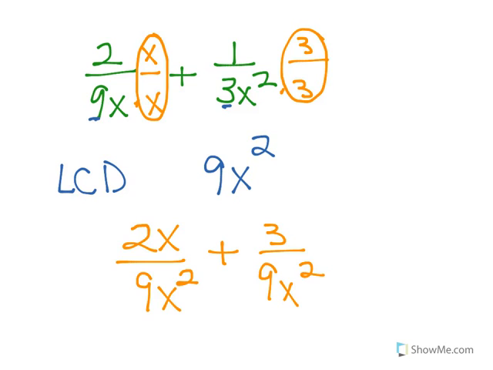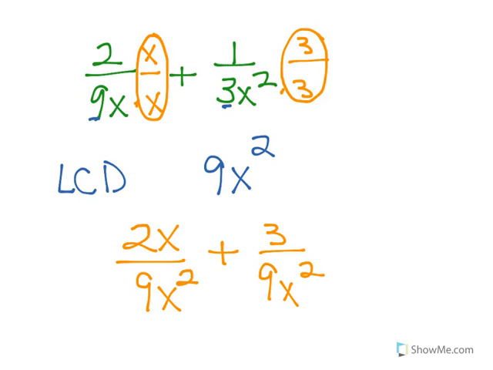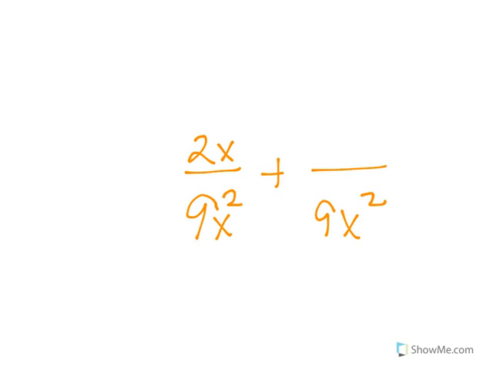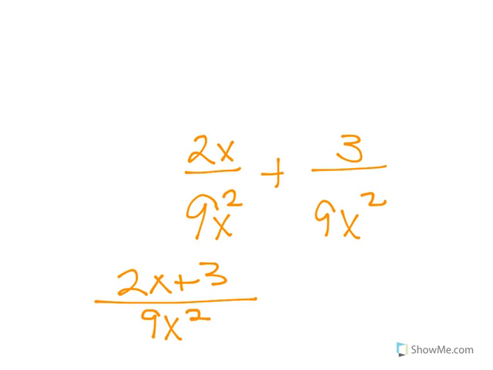So now we have a common denominator, 9x squared, and we have the 2x plus 3, and those are not like terms, so we're going to have to leave it as 2x plus 3 all over, keep the denominator, 9x squared.